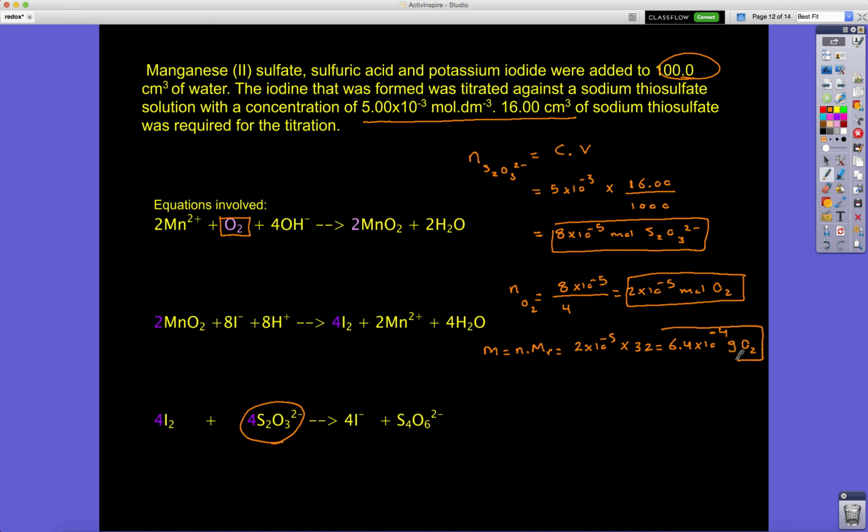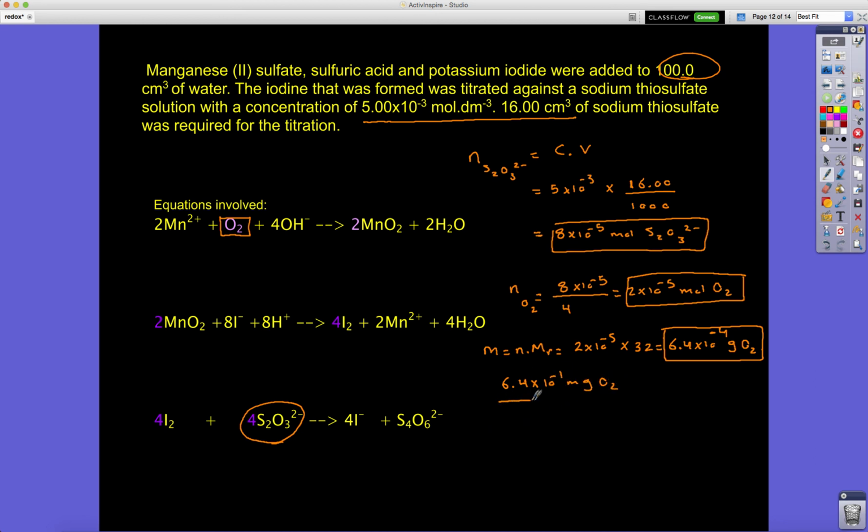Now, usually the biological oxygen demand is expressed in milligrams per decimeter cube, that's parts per million. So first I'm going to convert this to milligrams by multiplying by 1000. So it is 6.4 times 10 to minus 1 milligram of oxygen.